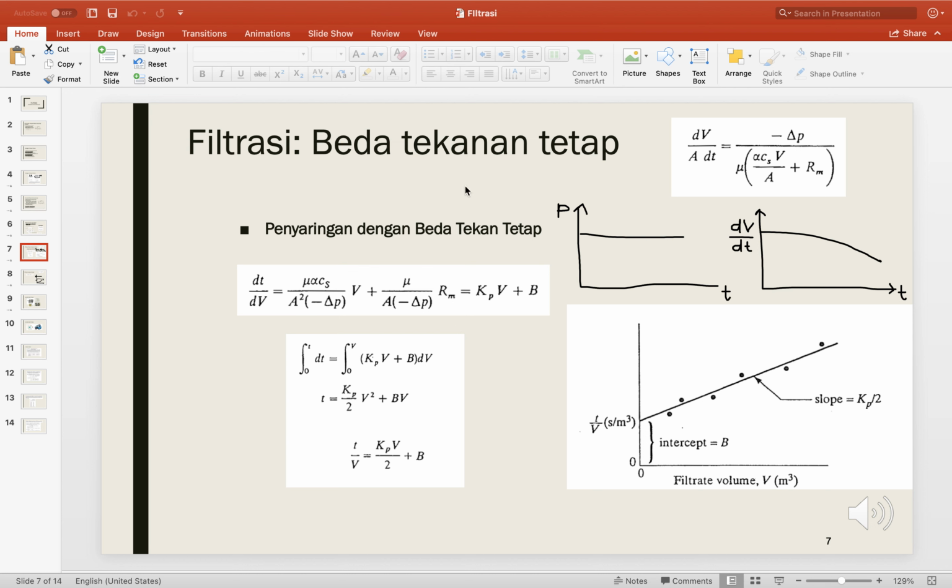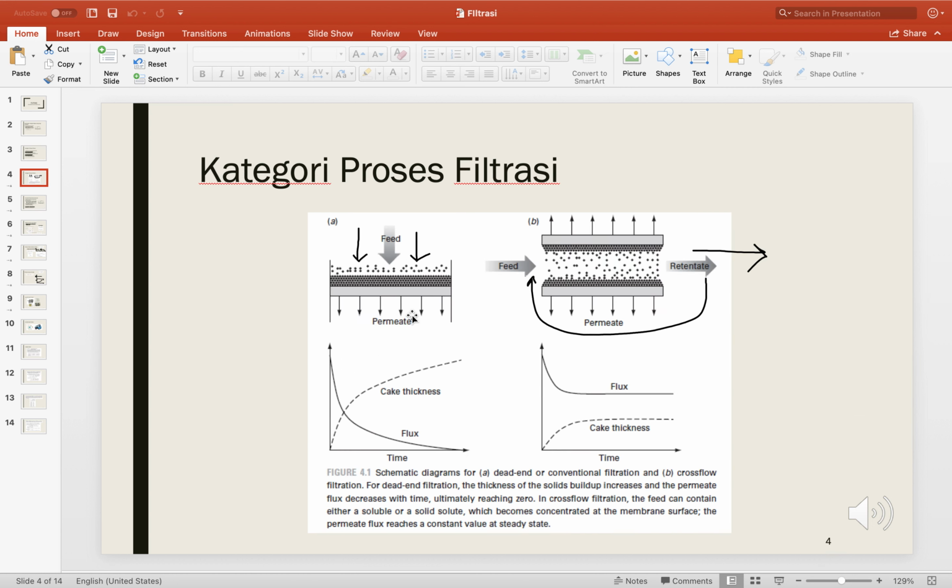Okay, so in the case where we use constant pressure for filtration, in the filtration system you need to put a driving force. The driving force is usually the pressure difference between the filtrate or permeate and the feed.